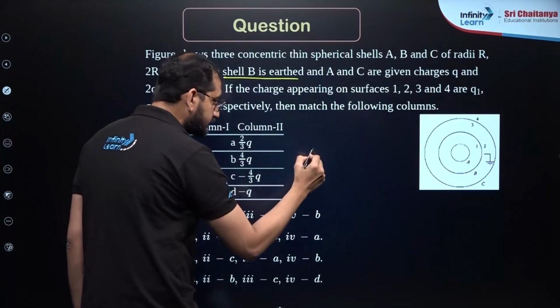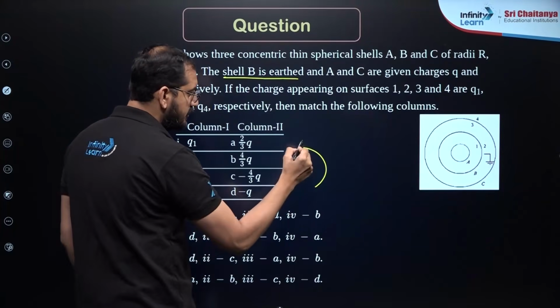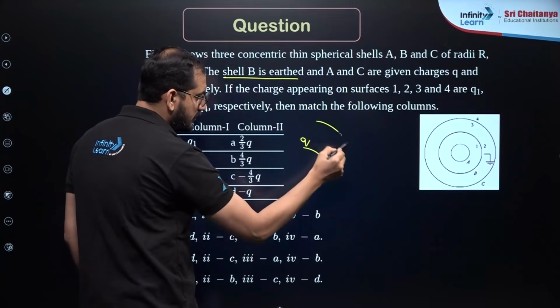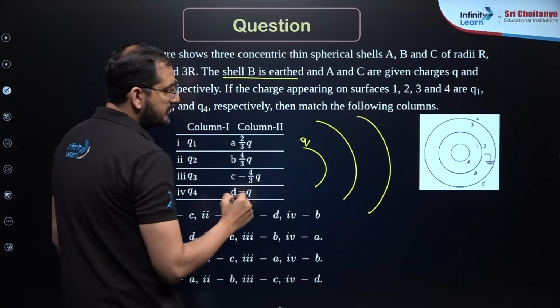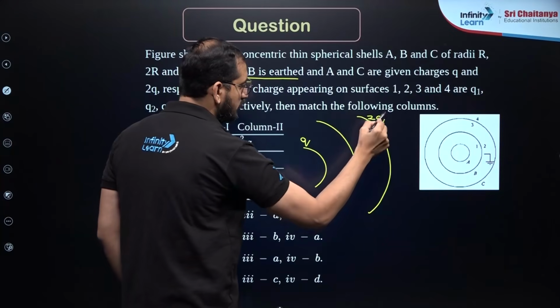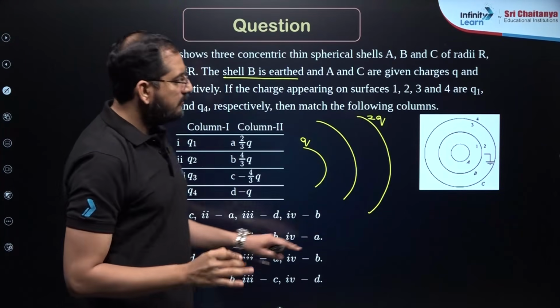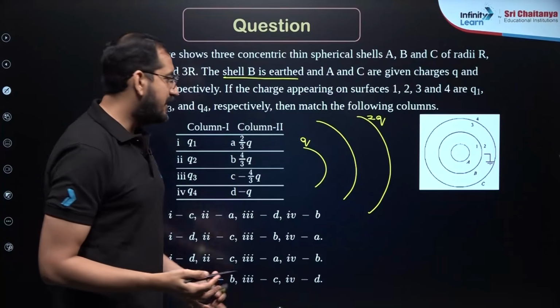This is shell A, which has a charge Q. This is my second shell. This is my third shell. The third shell has total charge 2Q, right? And now we have also grounded it. So how will the distribution of charge happen?